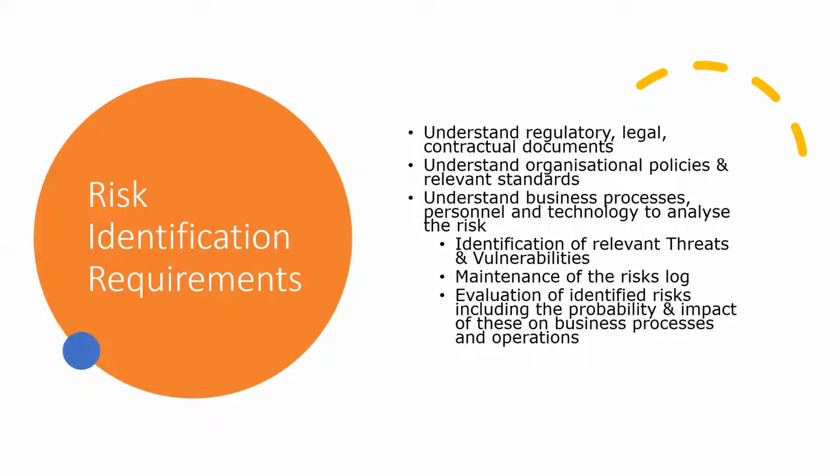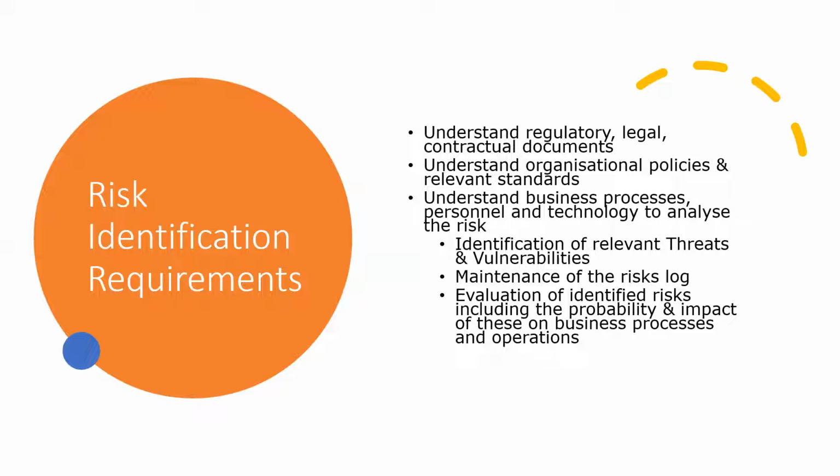If we don't understand the regulatory environment within which we're operating, for example, the financial services sector, the pharmaceutical sector, the medical sector, if we don't understand the standards, the regulations, the policies that guide our business's operations, we can't identify regulatory, legal, or contractual risks, business risks, commercial risks.